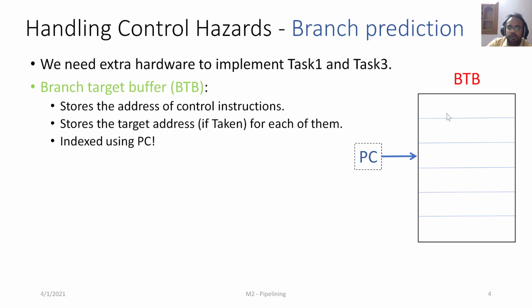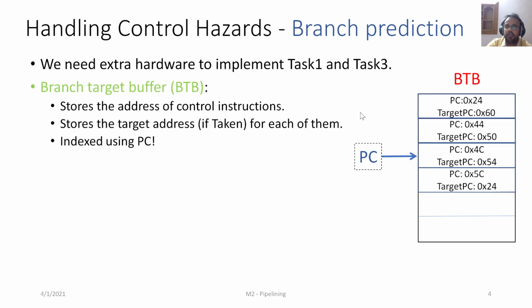Right now, to replace the line numbers with exact PC values, it would be like this. The first BEQ instruction, its PC was 0x24 and the target address, if it was taken, is 0x60. The second BEQ instruction's address was 0x44 and its target PC was 0x50.